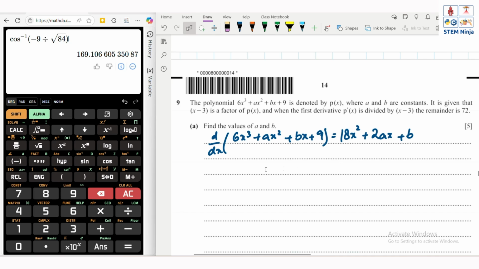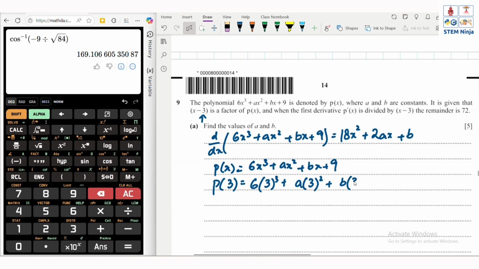All right, so we go for p of x is equal to 6x cubed plus ax squared plus bx plus 9. So x minus 3 is a factor, so p of 3 would be equal to 0 when we plug in. So 6 times 3 cubed plus a times 3 squared plus b times 3 plus 9.